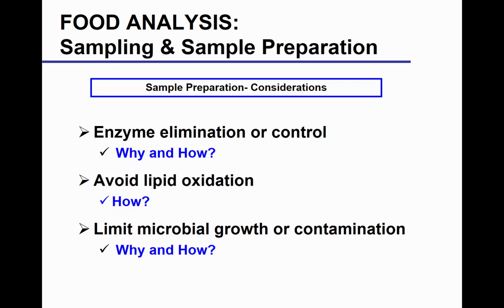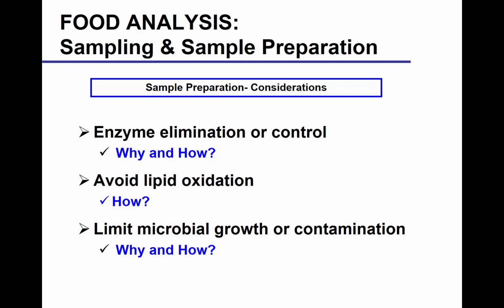Of course, we don't want microbial growth. Why don't we want microbial growth or contamination? What would microbes do to our food? Well, if they produce toxin, I don't really care. I'm not going to eat it. I'm analyzing it. So yeah, it will throw off the results.